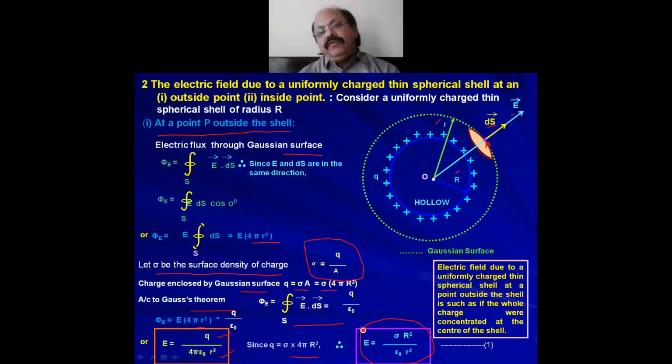And because of this charge distribution, the electric field is equal to the electric field due to the charge placed at the center of the spherical shell. Then this derivation is valid.